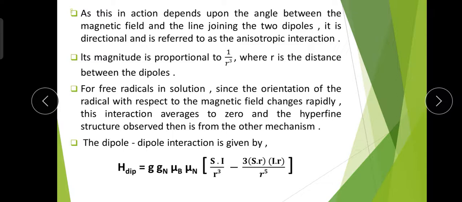So this is the expression for the interaction energy due to the nuclear and spin magnetic moments, or simply we call it the dipole-dipole interaction.